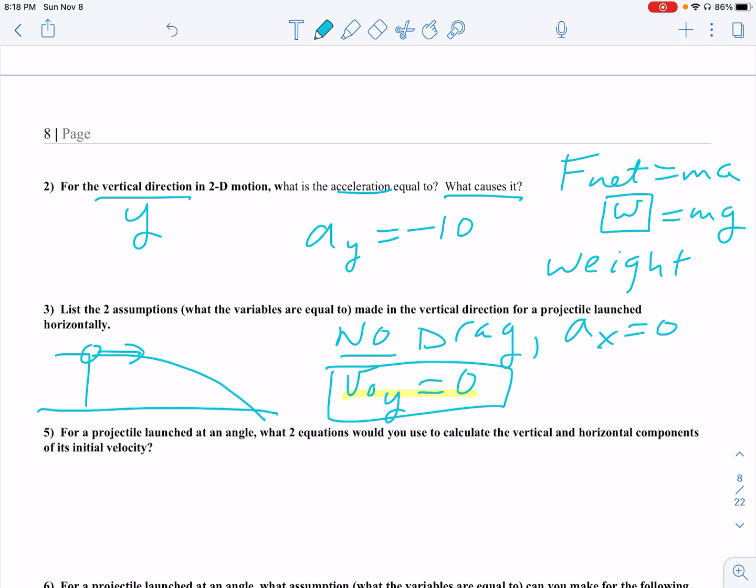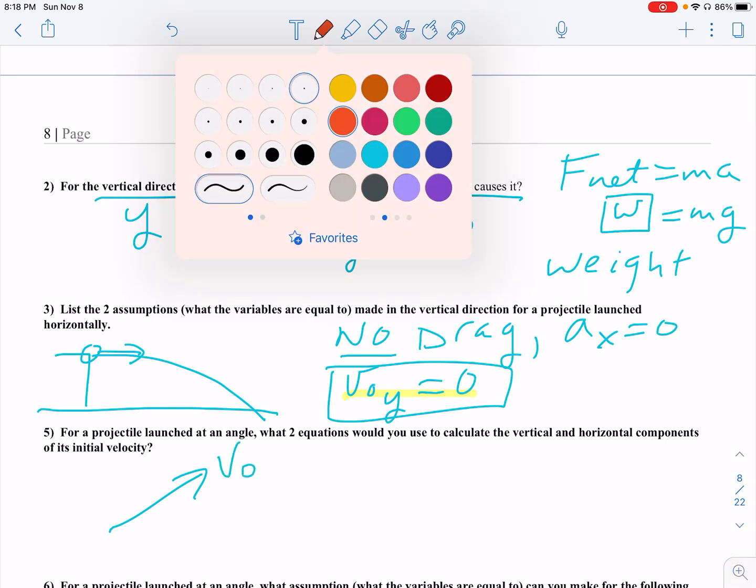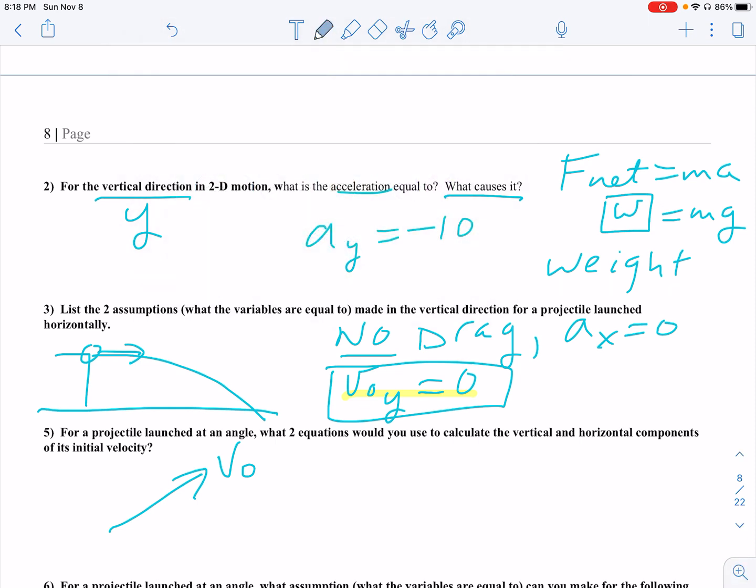Okay, so if I shot something up like this, VO, this is right on your equation sheet. So if I shot it up at some launch angle, to find the vertical and horizontal components, here's VOX, that's the horizontal component, here's VOY.